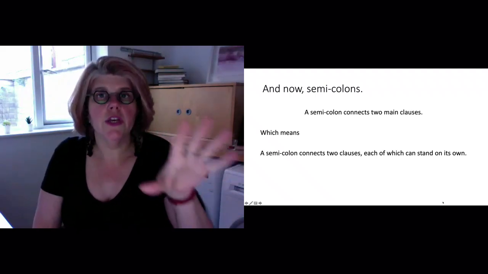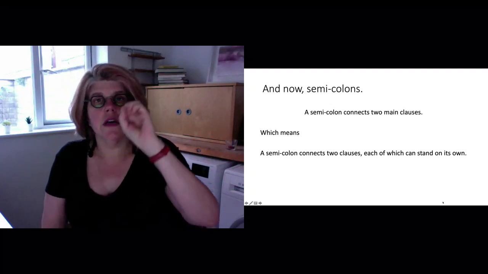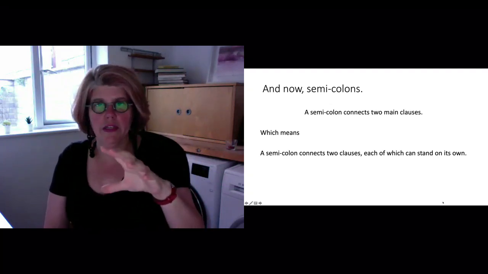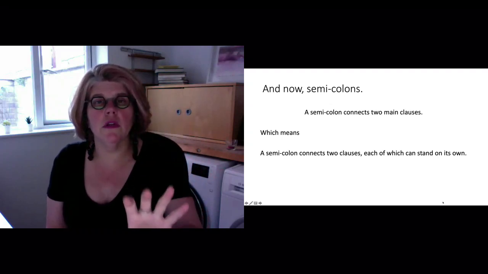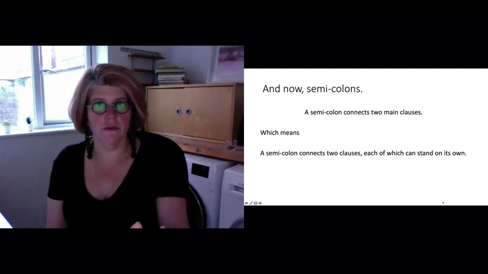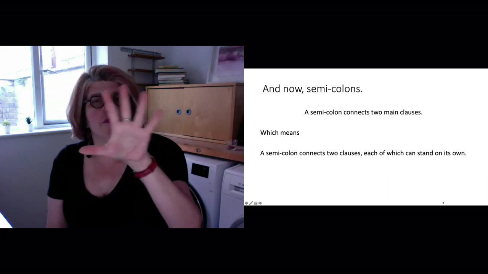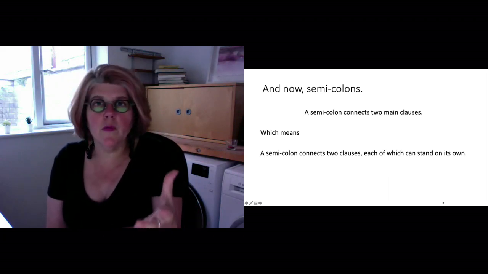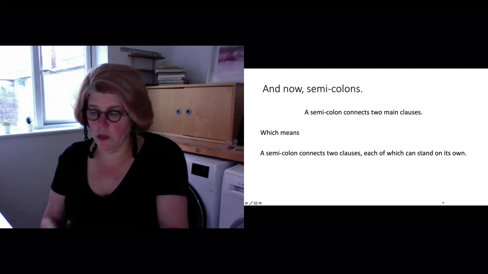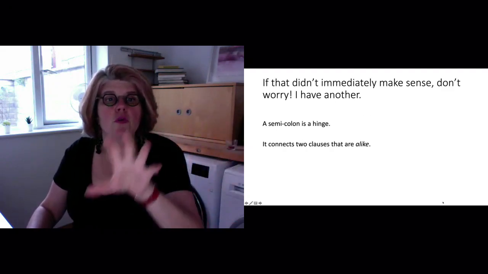If you want, you can remember it using the simple and most grammatical explanation. A semicolon connects two main clauses.